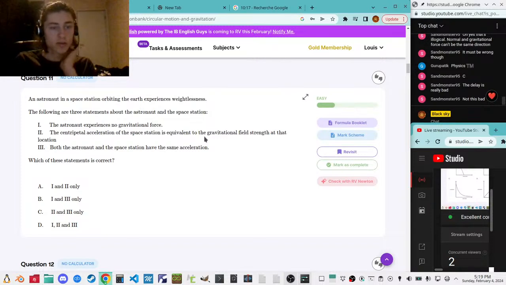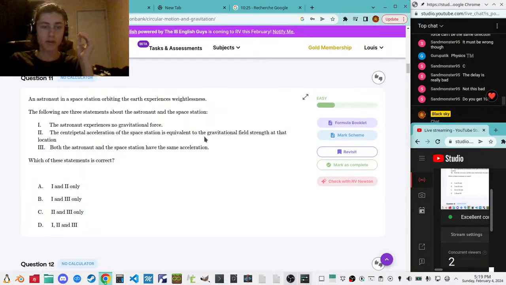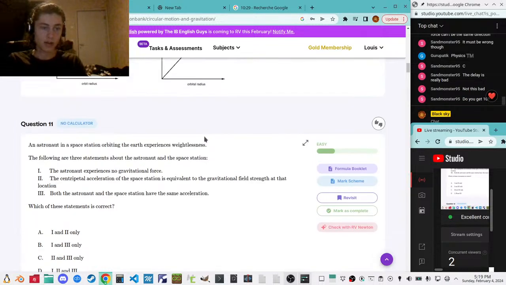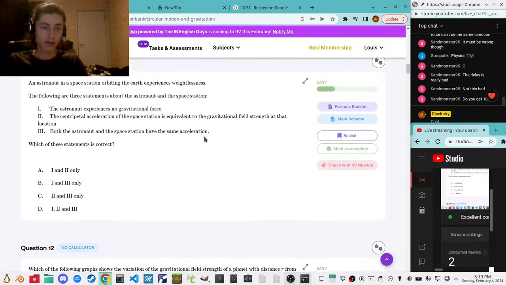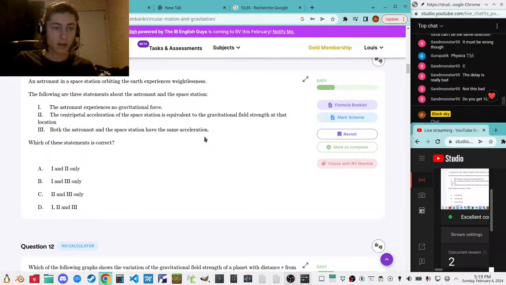Sorry. An astronaut in a space station orbiting the Earth experiences weightlessness. I can't read. Following are three statements about the astronaut and the space station. The astronaut experiences no gravitational force.